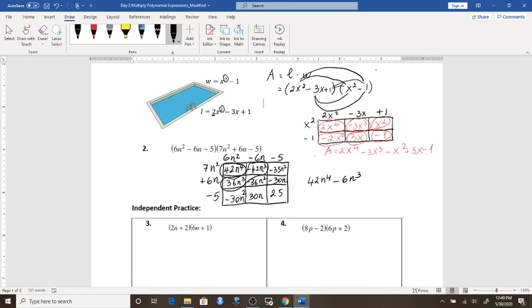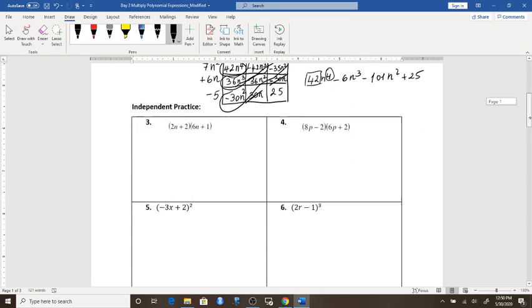Negative 35n squared, negative 36n squared, and negative 30n squared can all be combined into negative 101n squared. And then this negative 30n and this positive 30n just cancel out because they're opposite. And then we are left with 25. So we get a polynomial expression of degree 4 with a leading coefficient, which is 42.